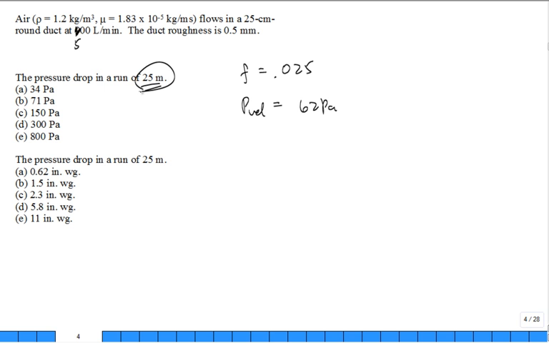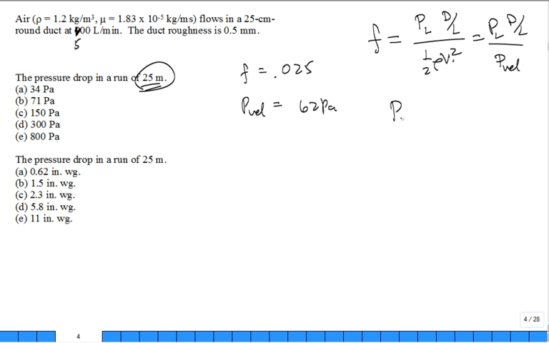25 meters? Well, you go back to the definition of the friction factor. It's the pressure loss or pressure drop, times diameter over length, divided by 1/2 rho v squared, or the pressure loss times diameter over length over the velocity pressure.